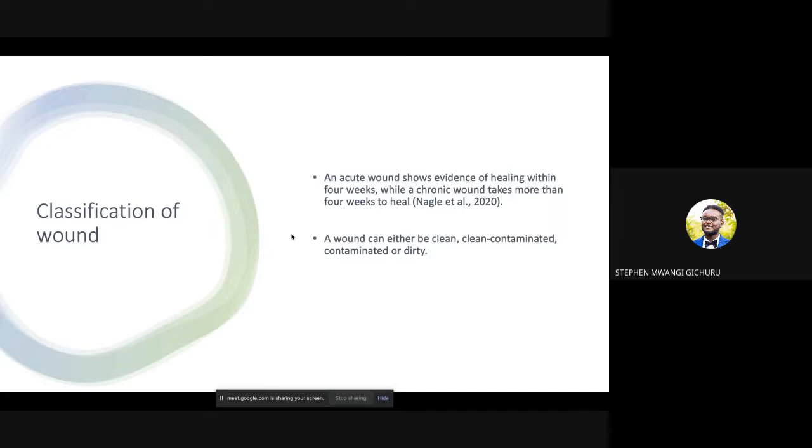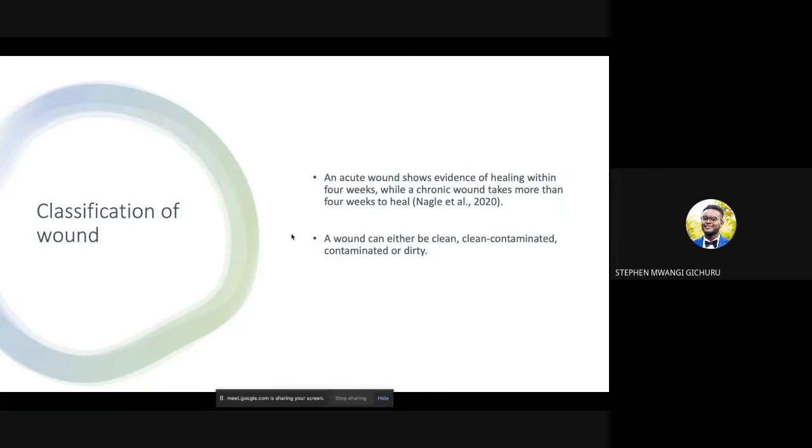Just to make it clearer, class 1, which is clean wounds, you're not entering any hollow organ, and by hollow organ I mean respiratory, GIT, GUT. You're not entering any of those cavities. Whatever barrier you're breaking, it's aseptic.